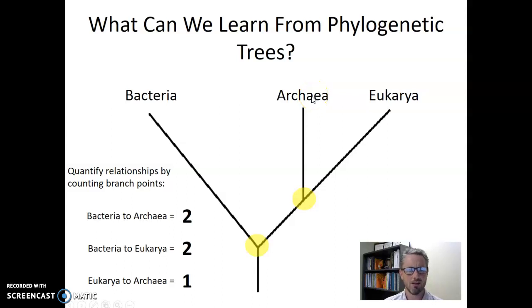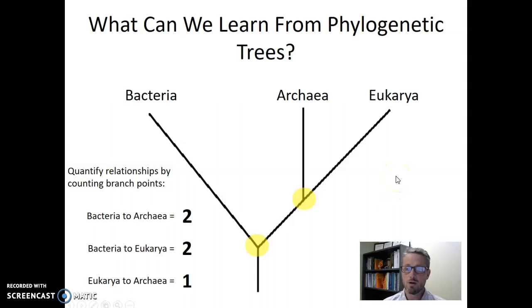They have this really profound similarity. No nucleus, single-celled. But through modern-day genetic analysis, we know that they aren't close relatives. Archaea and eukarya are, and bacteria is a more distant relative to those 2. So we can learn really profound things by looking at a phylogenetic tree like this.